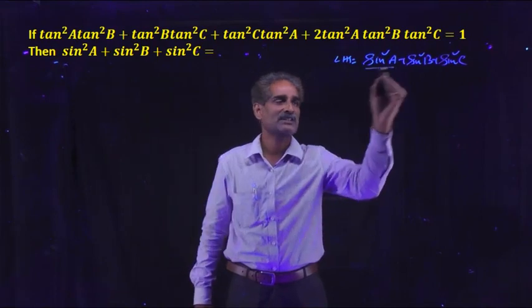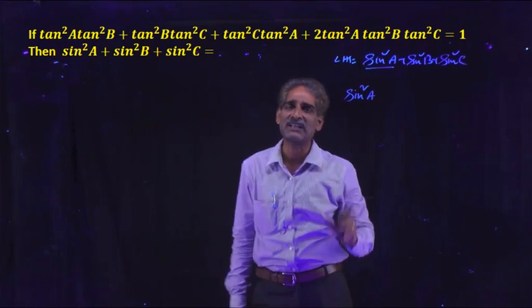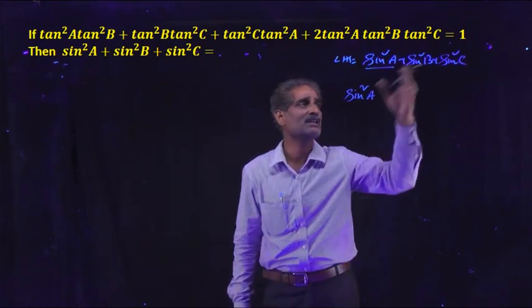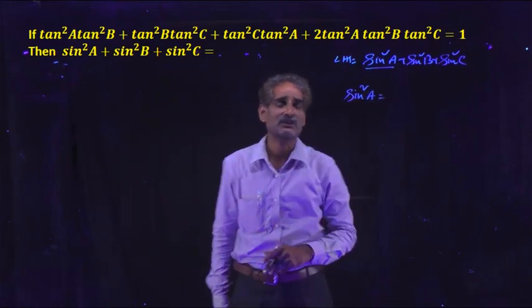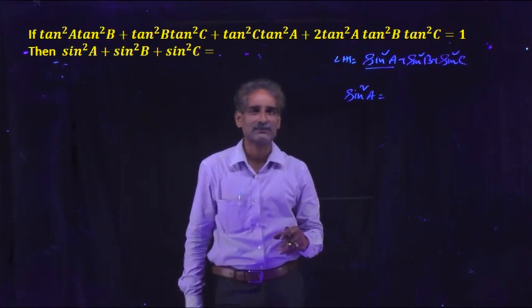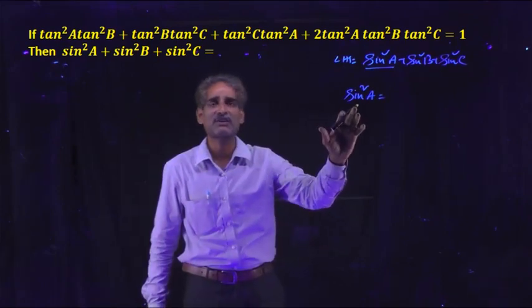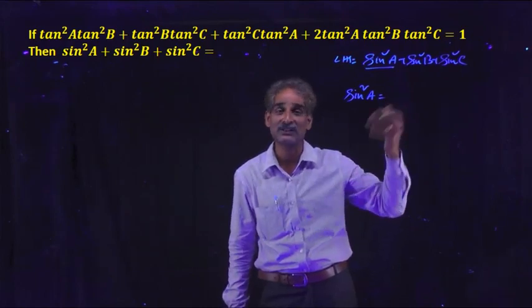So first of all, consider one single function, sin square A. Try to express sin square A in terms of tan. Similarly, we can write the values of the remaining functions. Tan is connected with secant or cot. If we express sin square A in terms of secant or cot or cosecant, there is a chance to get a relation in terms of tan.